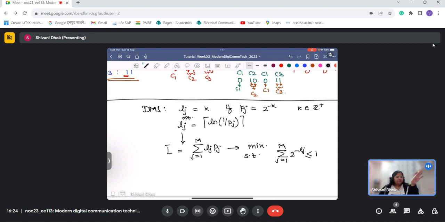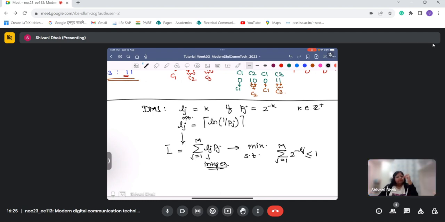Now when we solve it using the Lagrange method, first of all, this Lj should be an integer. Your length can't be 0.5 or 1.25. As a physical quantity, you can't say you are transmitting 0.1 bit or 0.5 bit. It should be an integer value.